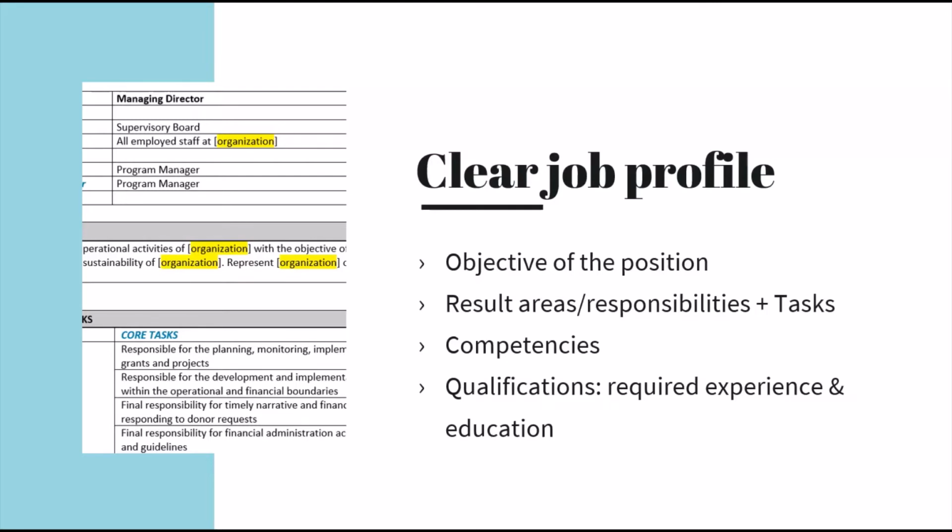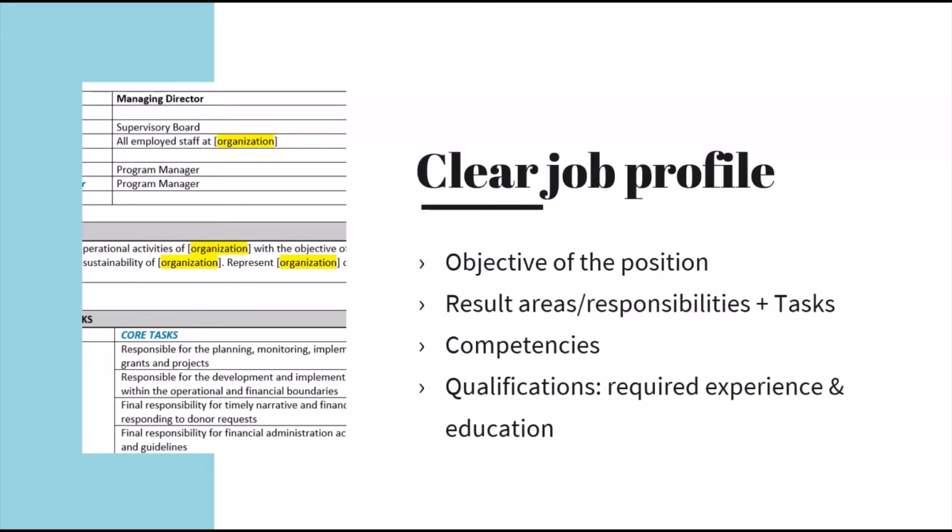And then you can break that down into more concrete tasks, like, for example, making sure that the donor receives their reports in time, making sure that all the activities happen according to the plan, making sure that the output is achieved as planned, etc., etc.